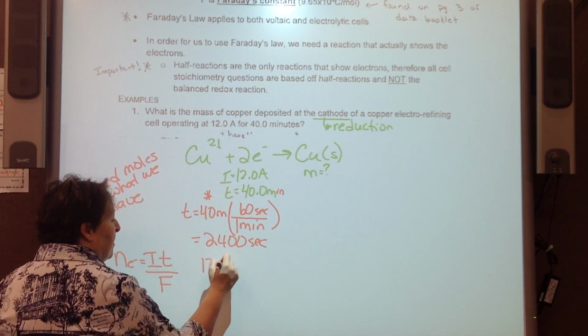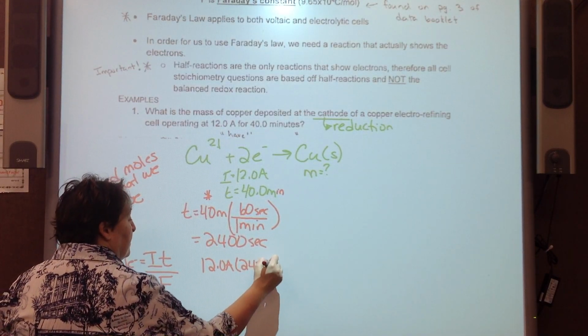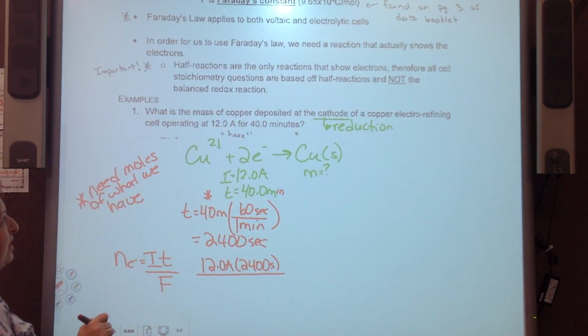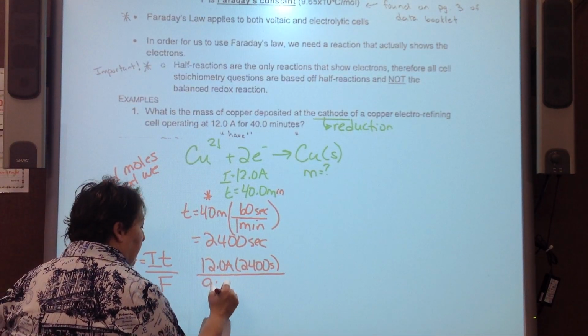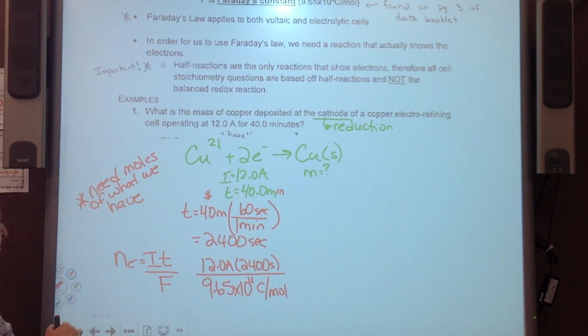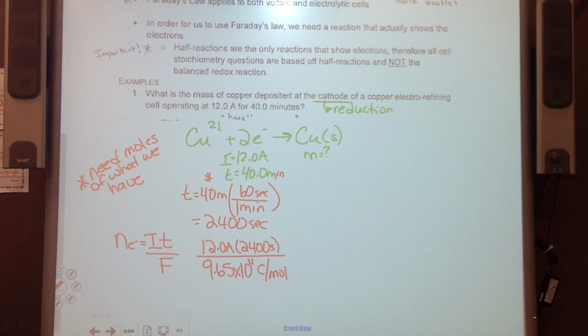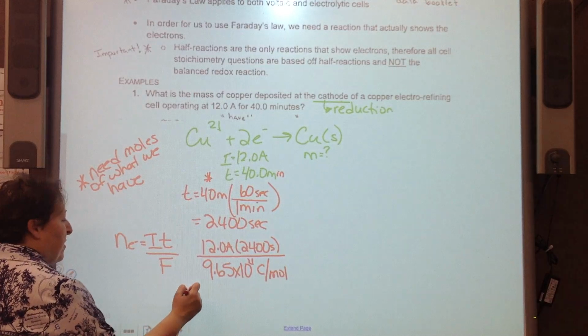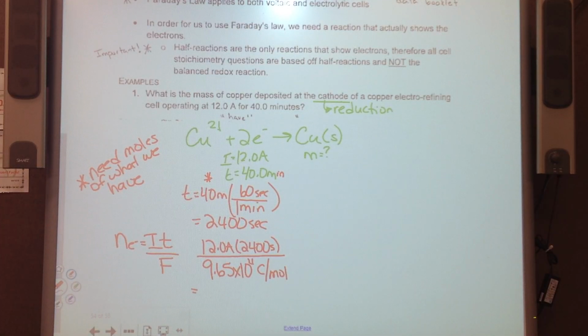So 12 amps times 2400 seconds divided by 9.65 times 10 to the 4 coulombs per mole. We get what for a value? I got 0.298.